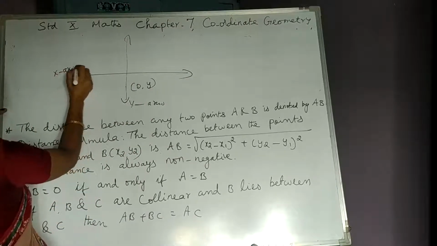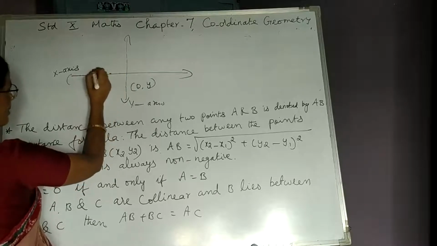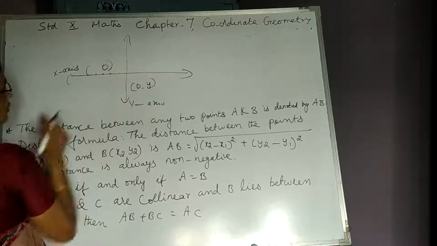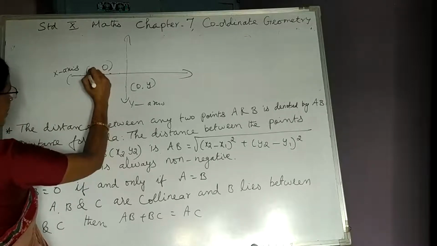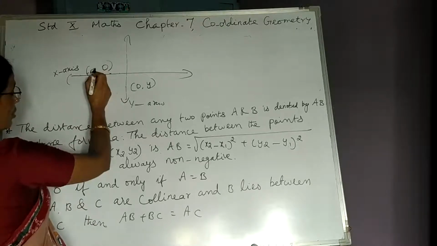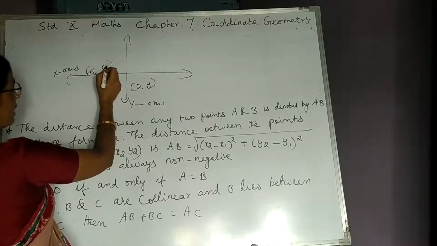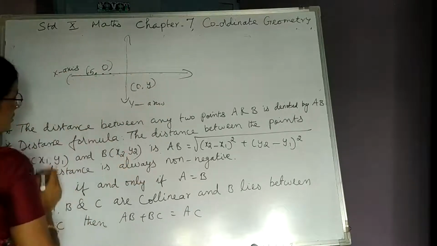Similarly, if you take any point on the x-axis, the y-coordinate will be 0. X can be any number. It can be -5 or -2, any number. It can be 0 also here. But the y-coordinate will take only 0 on all the points of the x-axis.